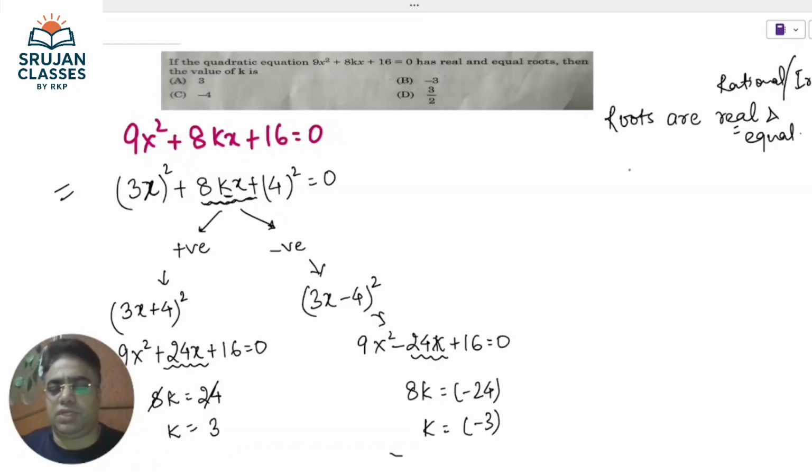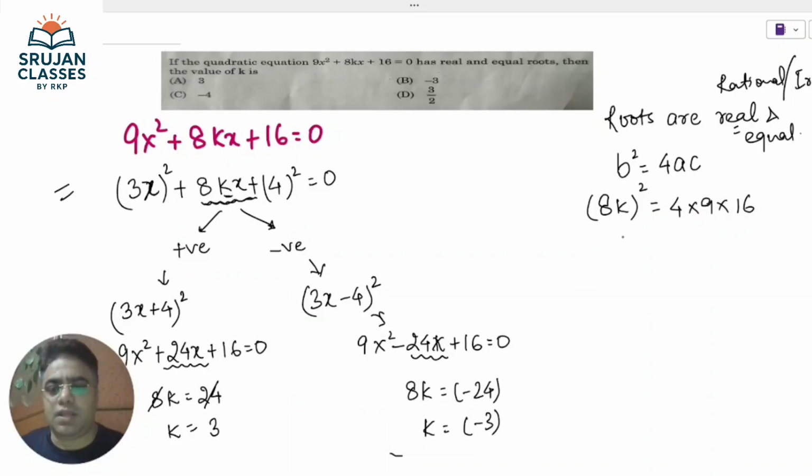Now, what is the condition for having roots real and equal? We can say that b square is equal to 4ac. So over here, in this quadratic equation, the value of b is 8k, whole square is equal to 4 into a, which is 9, and c, which is 16.